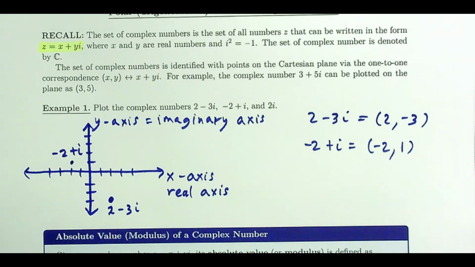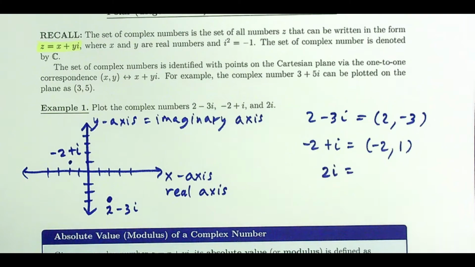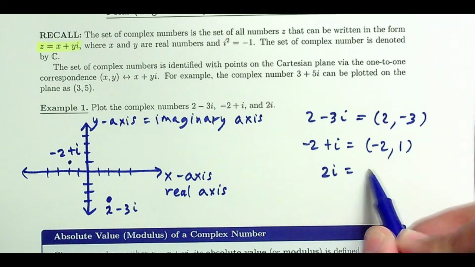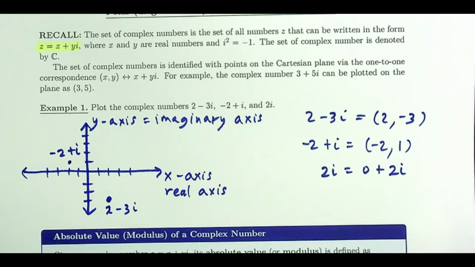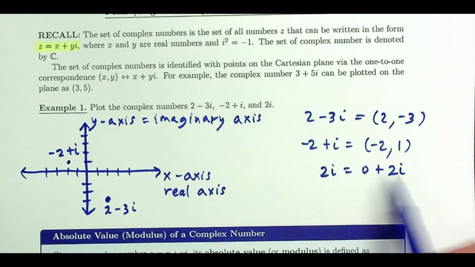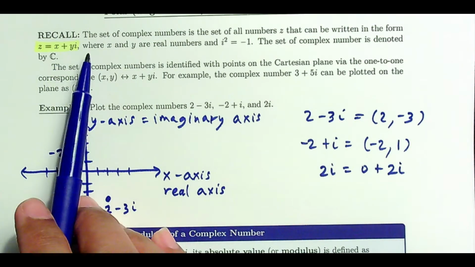Okay, and lastly, where is the point 2i? What are the coordinates of this point? This is the same thing as 0 plus 2i. Okay, so this is normally how you write it, x plus yi.